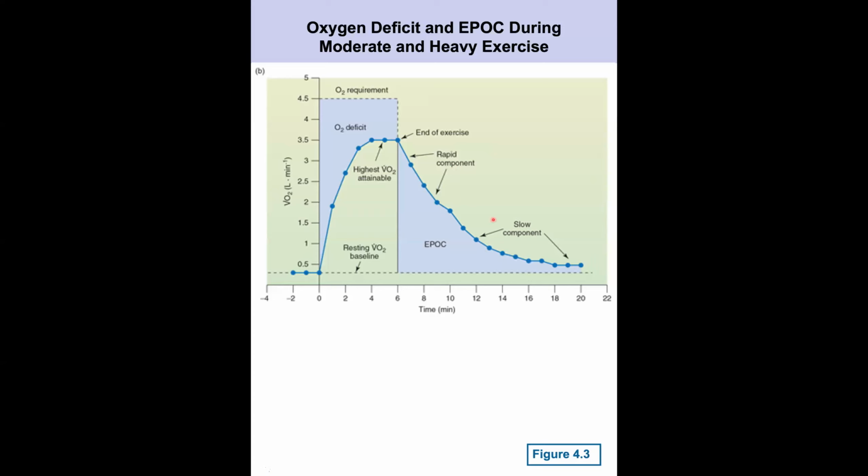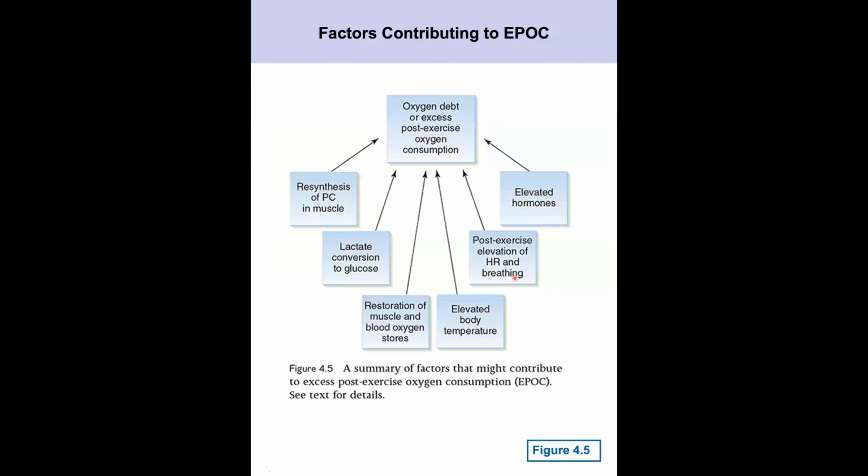So your oxygen uptake will stay elevated throughout the day, and it takes 5 calories per 1 liter of oxygen expended in order to recover. So elevated oxygen uptake means elevated caloric expenditure. So that's the science behind their business.